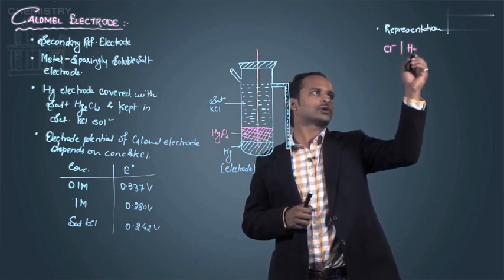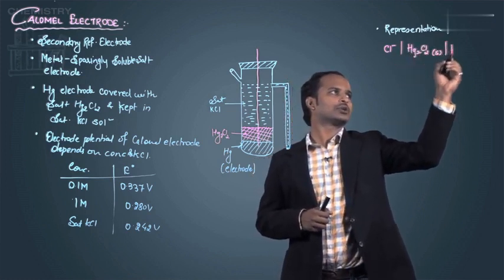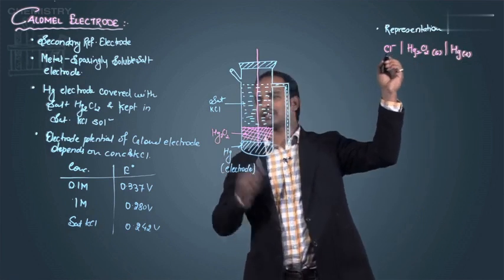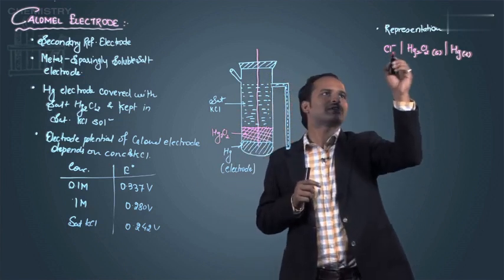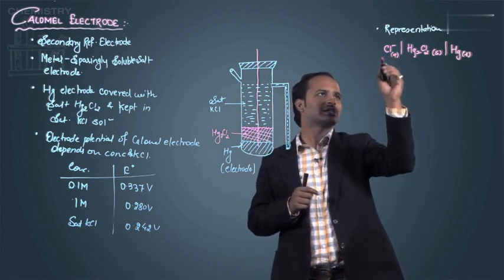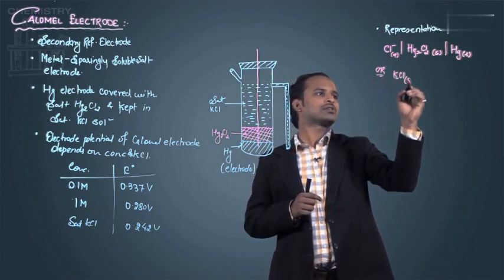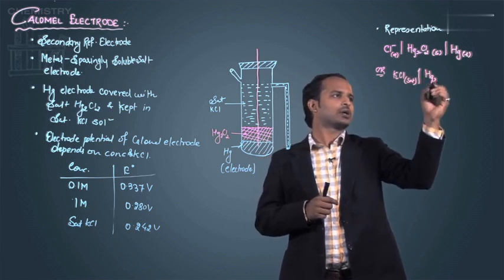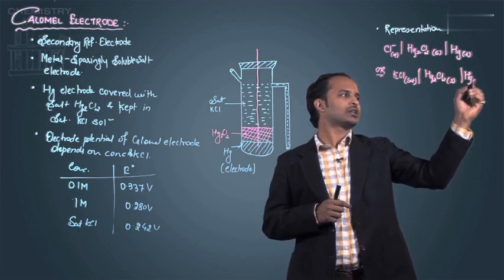So Cl minus | Hg2Cl2 | Hg, with mercury in liquid state. Cl minus stands for the solution, but I know that it is always KCl, a fixed electrolyte. So instead of Cl minus I can write KCl | Hg2Cl2 | Hg. We can use either of these two.